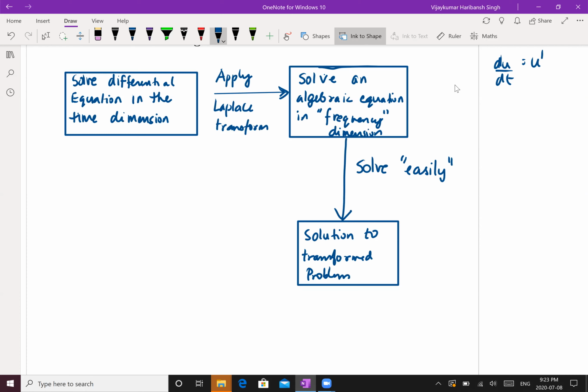And then we'll transform it back using what? Using the inverse Laplace transform.